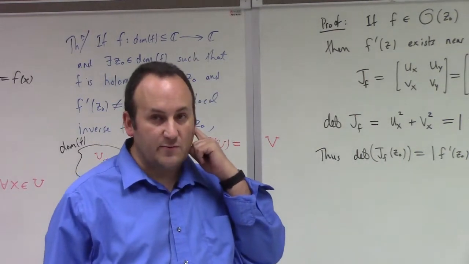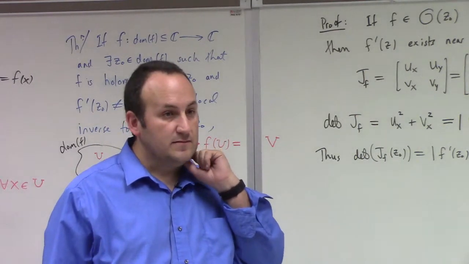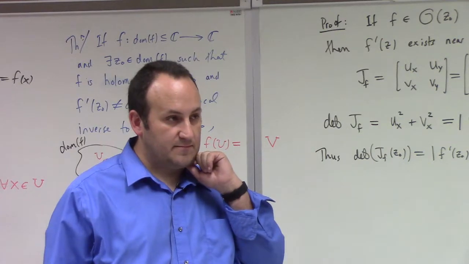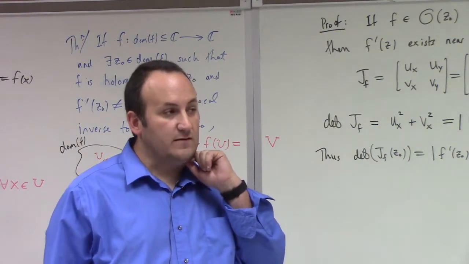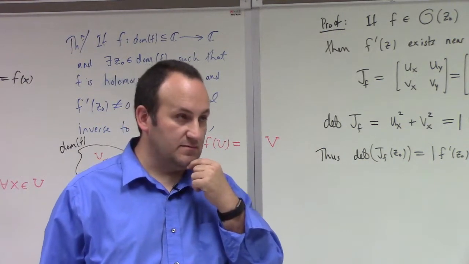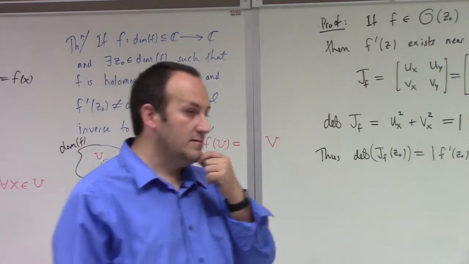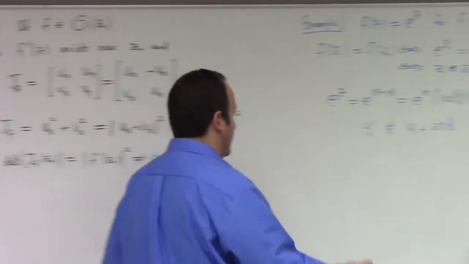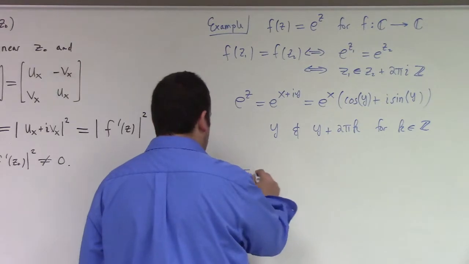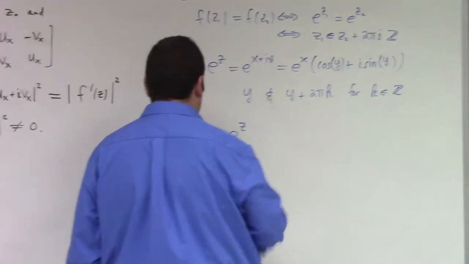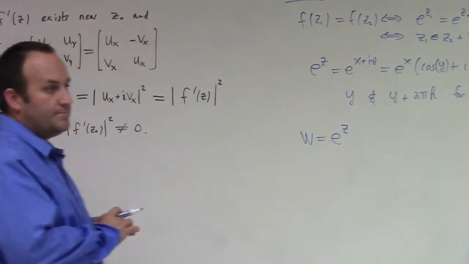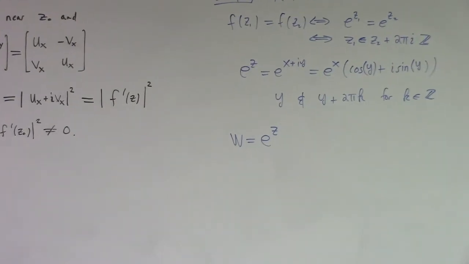The exponential is not one-to-one, right? But can we find a local inverse for the exponential? Can we set w equal to e to the z, and can we solve that for z as a function of w?